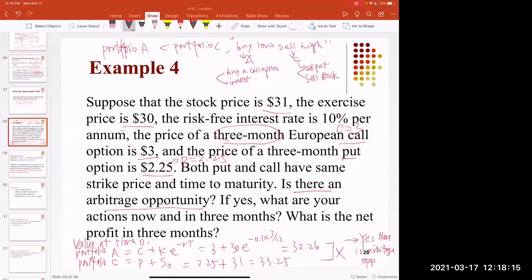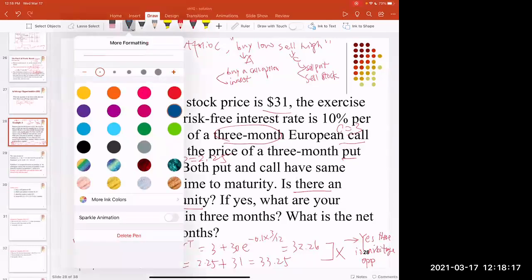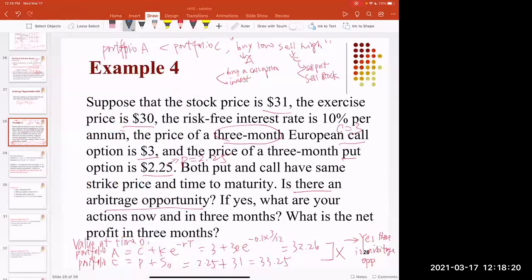So your action now, let me use a different pen. First, you're gonna buy a call. What price are you gonna pay? $3, right?